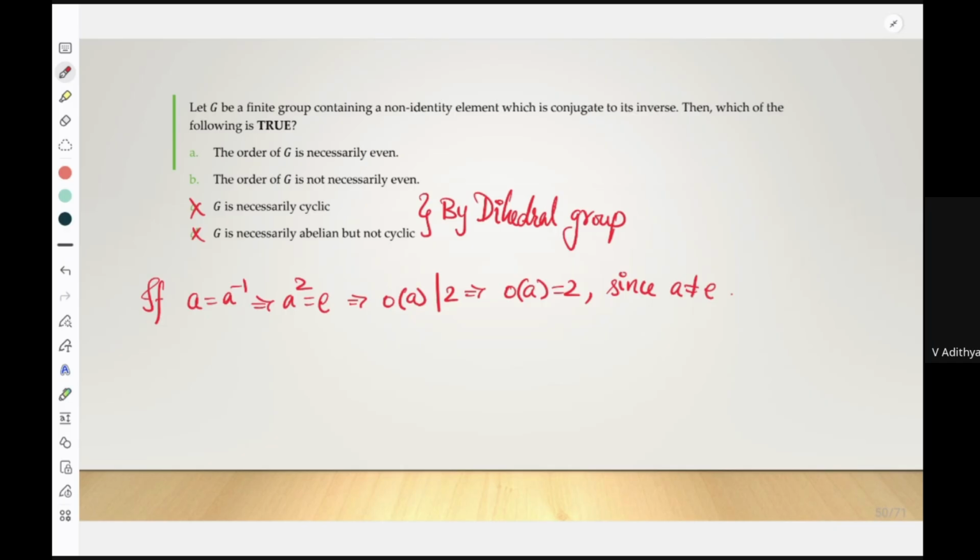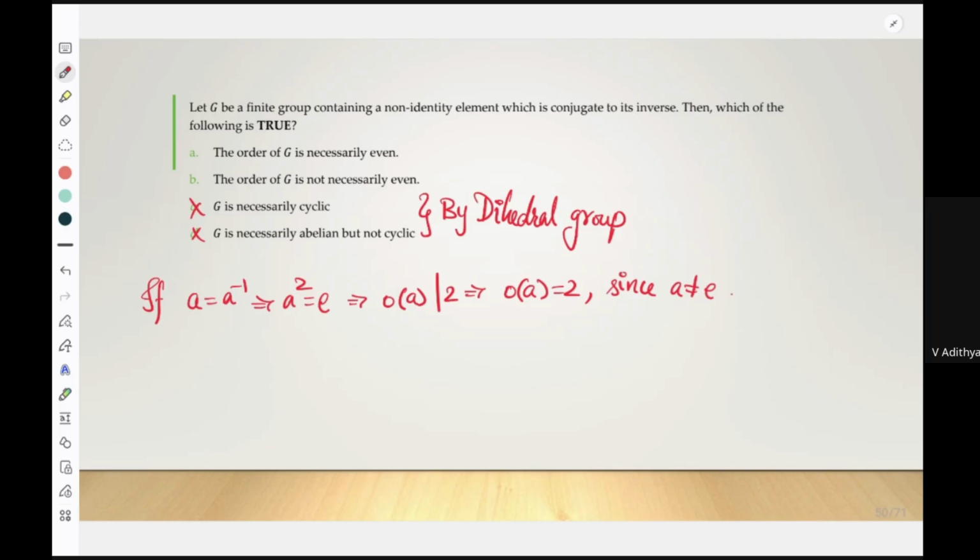So the first thing we are saying is, if A is an element of order 2, then it is conjugate to its inverse, right? Yes, sir. If you have an element of order 2, which is A square is E, A is A inverse.